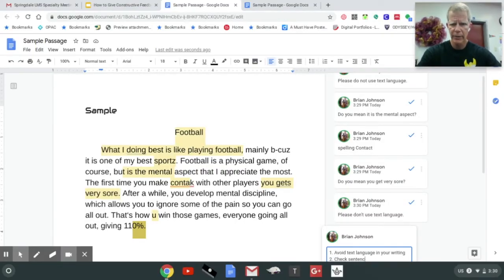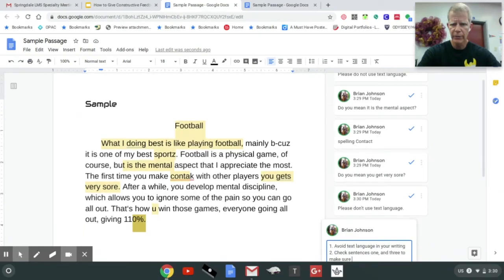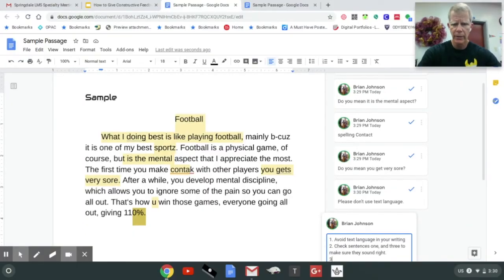Check sentences 1 and 3. Make sure they sound right. And check spelling. I might give a couple examples here. He's got the word contact. It's not quite right.